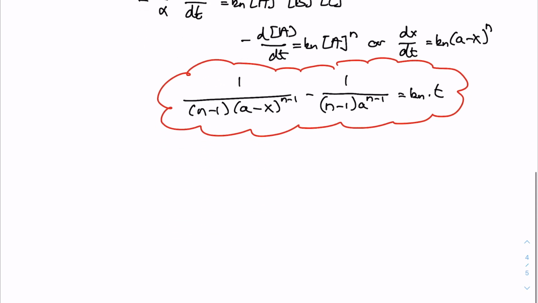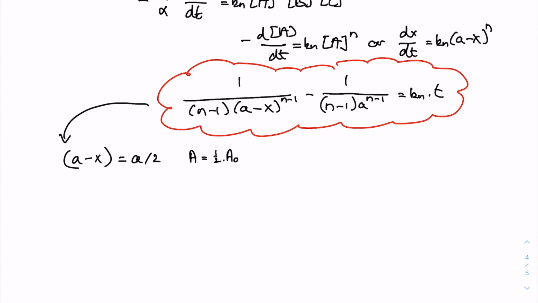Okay, so from this let's now try to derive a general expression for the half-life of a different order reaction, right? So we take this equation and we say the concentration of A at a certain time t would be A over 2. This is the same as in the other notation when you would say A is half times A initial. So we said that this is A minus x, and this is small a, right?